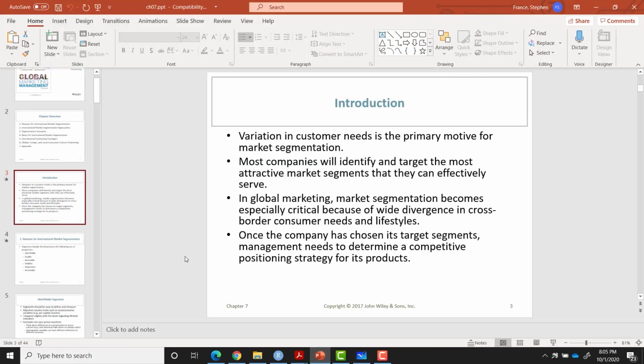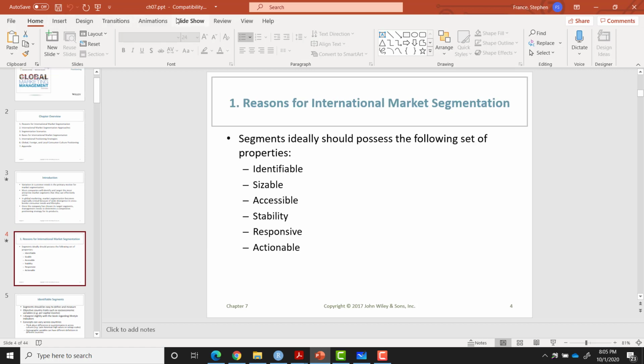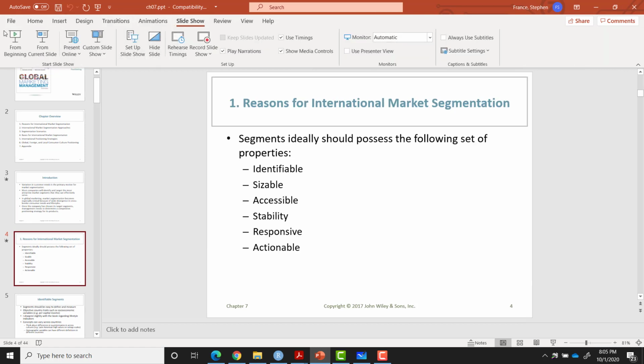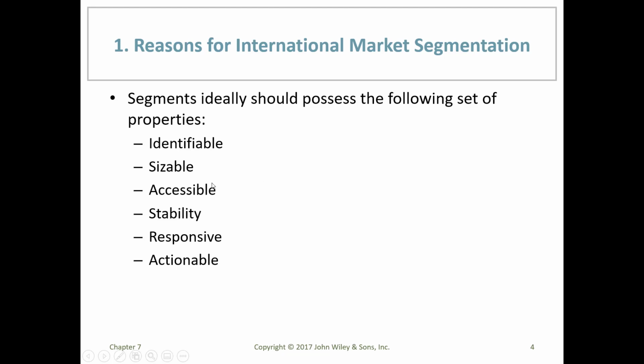So let's go back a little bit to the book material. And the book talks about segments needing to have certain different properties. Now, before I do this, I'll just say I usually set some multiple choice questions on this.